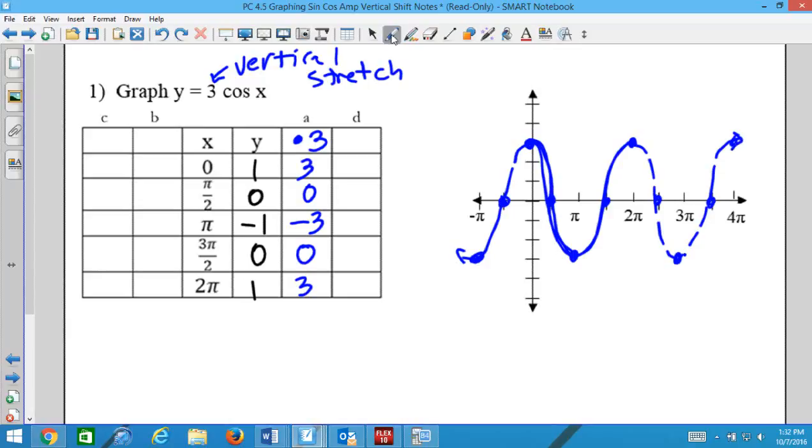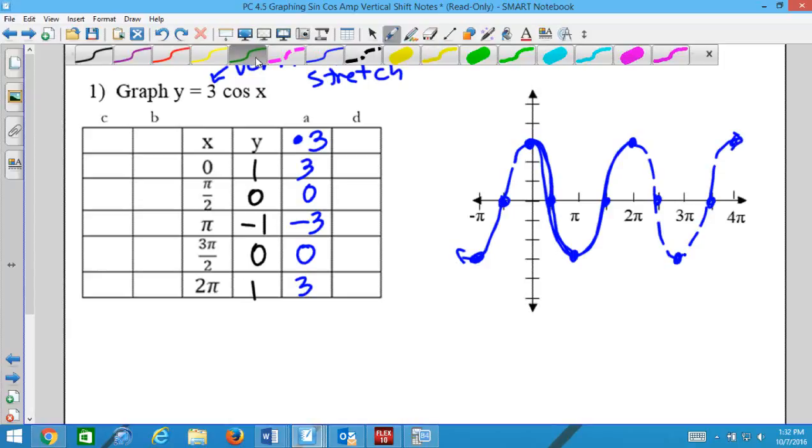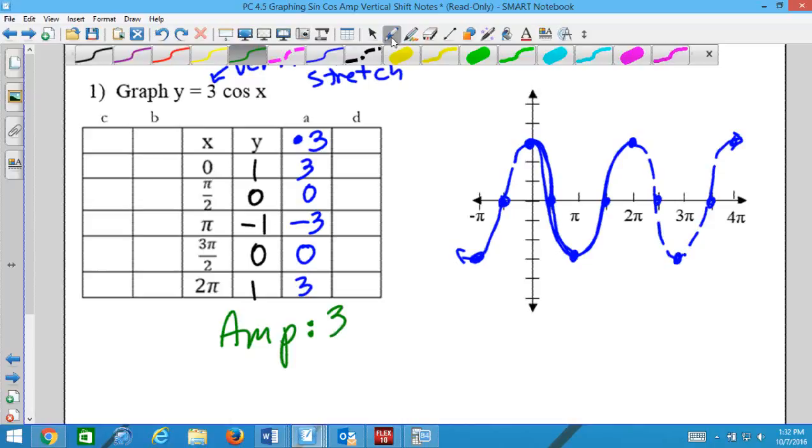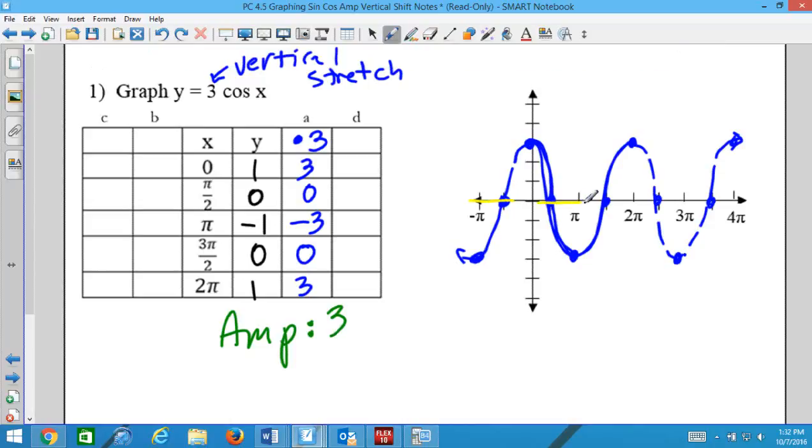And then this is not asked of this question, but let's start talking about what's the amplitude. The amplitude is 3. That is how far above and below the middle line. Where's the middle line? What is this middle line here? It is the x-axis, but can you give me an equation that makes that middle line?